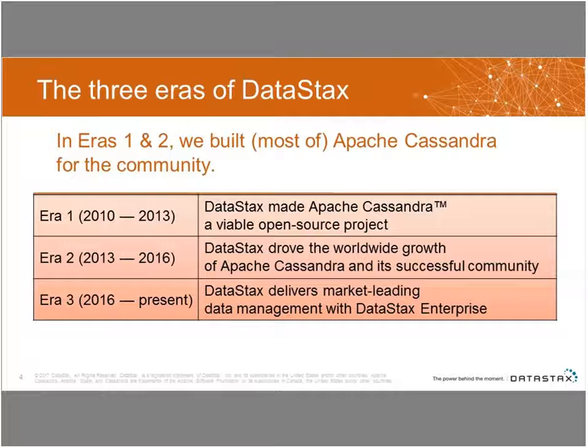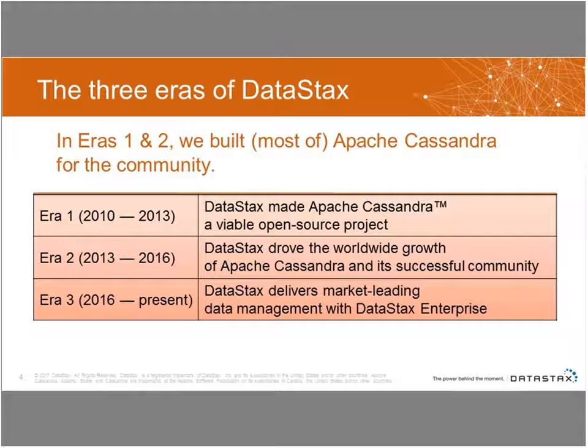So let's take a step back so you can understand the evolution of the company DataStax and where we started and where we're at today. So in eras 1 and 2, DataStax was really focusing on building most of Apache Cassandra for the community.